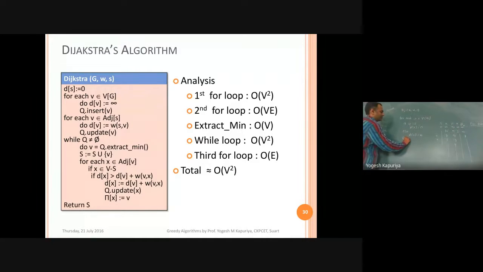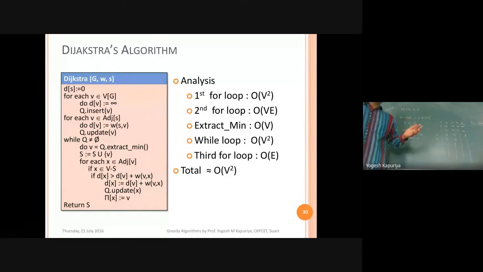Then I will insert V. So I can replace lines 1, 2, 3, 4, 5, 6, 7 with this line. That will actually reduce one for loop, right?